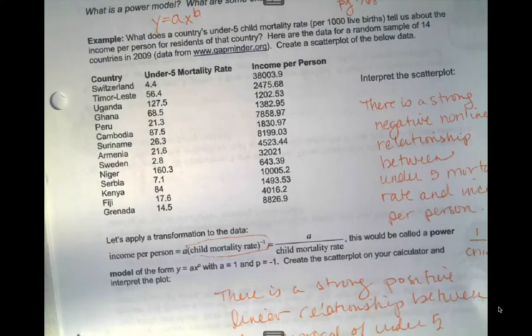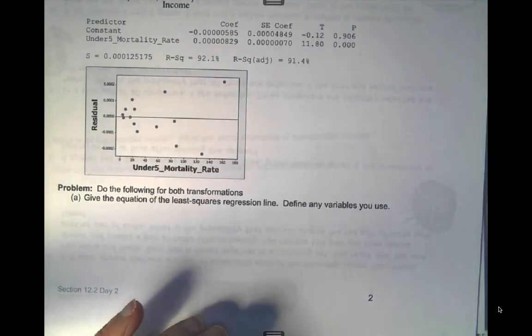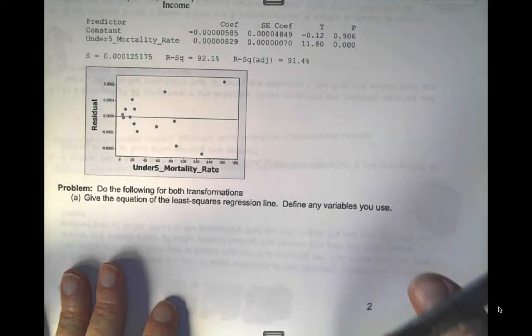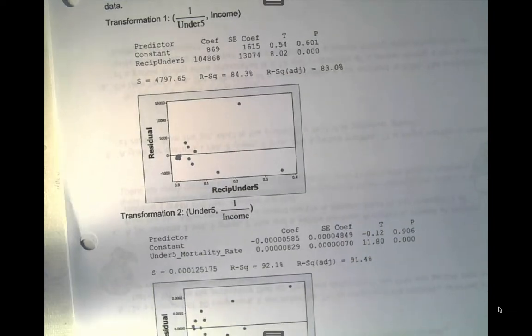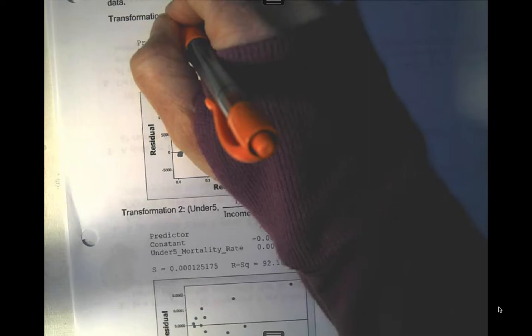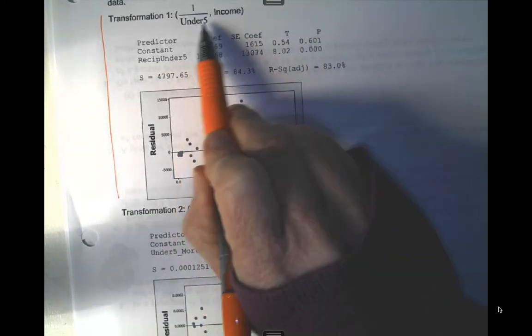Okay, so what that means is that if that works, then I can use my familiar StatCalc 8 to create an equation now. What they did here is they actually have 2 separate Minitab outputs. In this first transformation, this is the one that we just did on the first page. So they did 1 over x, comma the y.